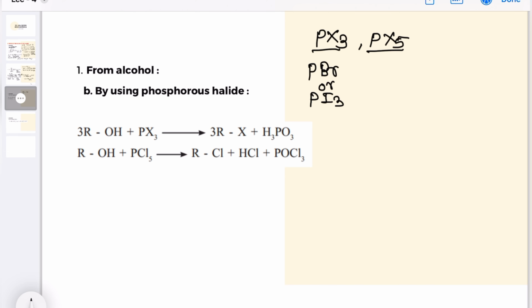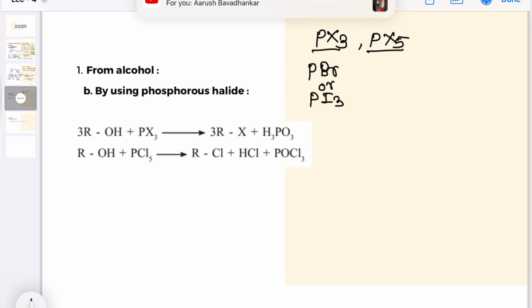In situ means special reaction conditions produced in the reaction mixture, by the reaction of red phosphorus with bromine and iodine respectively.